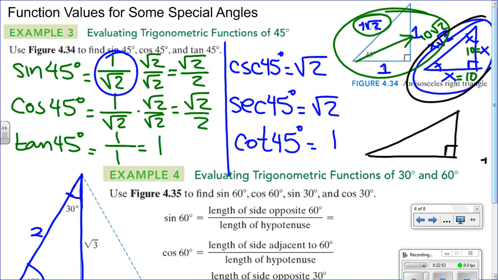So if I was to call that a 1, then the hypotenuse will be twice that. So it will be a 2. And the other side is going to be 1 times the square root of 3. So that's how it always works. What is bigger, a 2 or the square root of 3? The 2, right? So it makes sense that it's opposite to the 90.